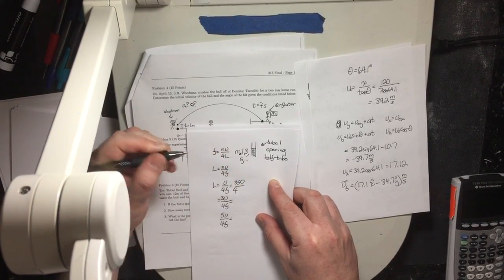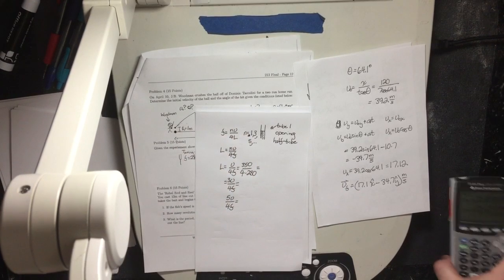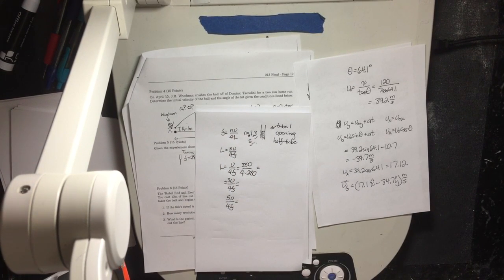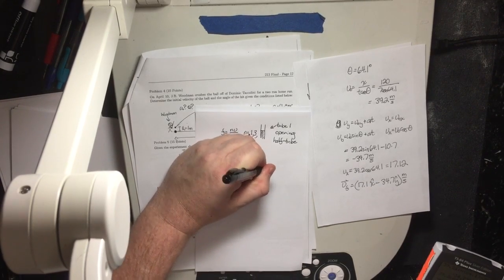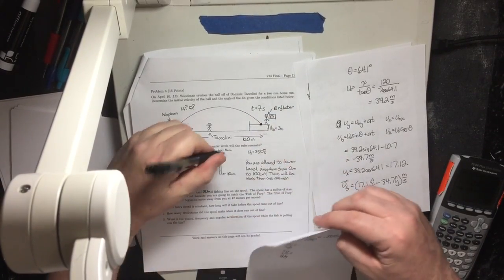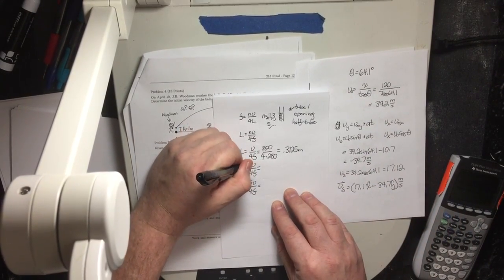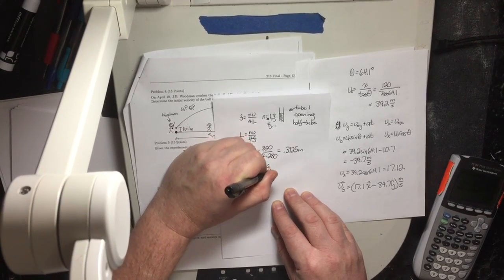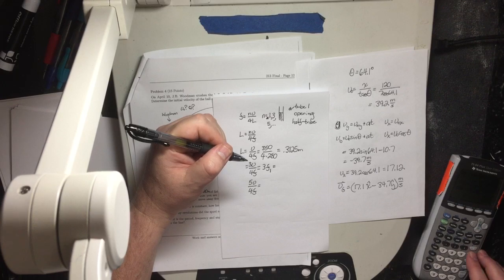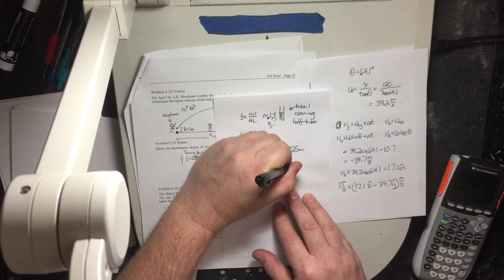350 over 4 times 280 is 0.3125 meters. So the first one is roughly there. The next one is really 3 times that, so times 3, 0.9375 meters.